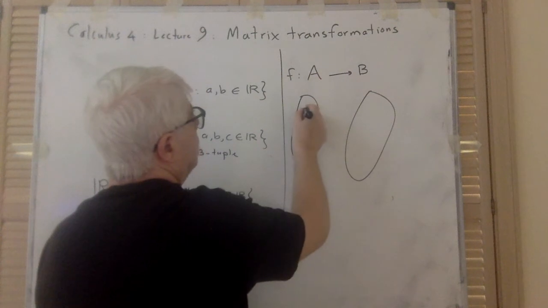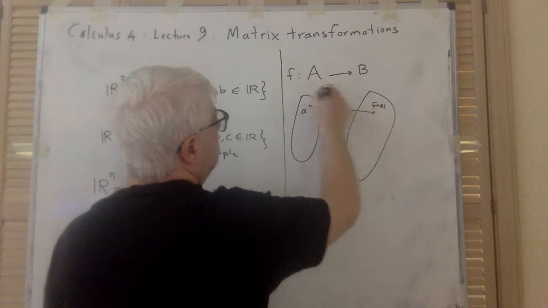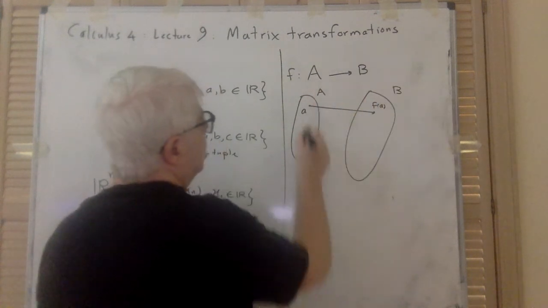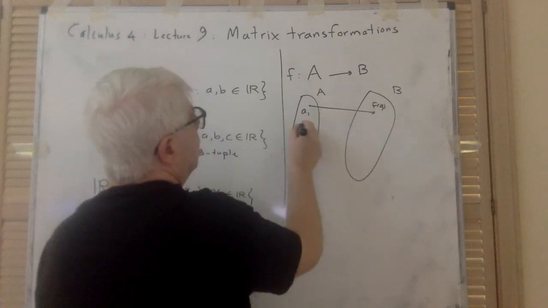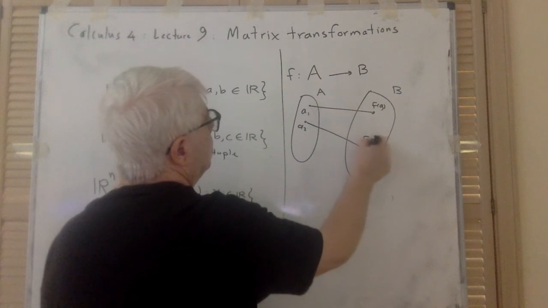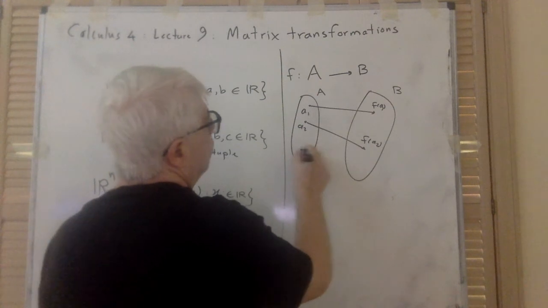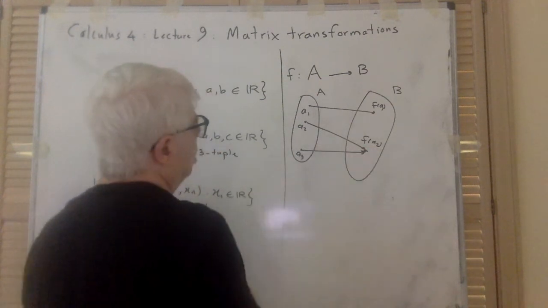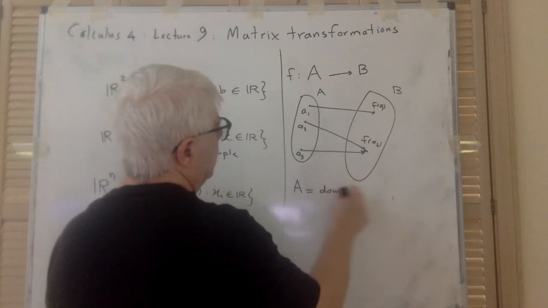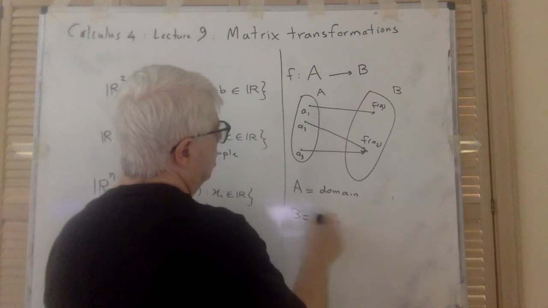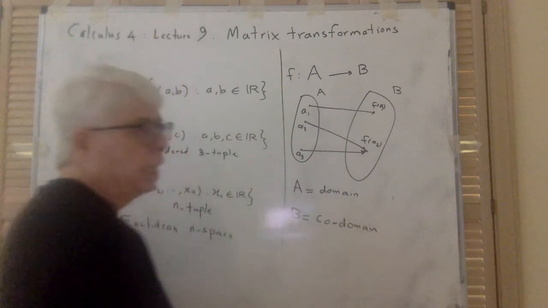So A1 goes to f of A1 in B, A2 goes to f of A2, and A3 might go to f of A2 again, the same point. The A we call the domain, and the B, the book prefers codomain, not range or image.